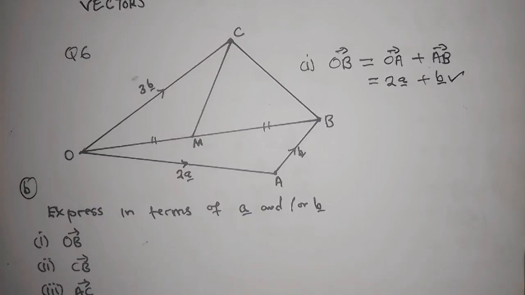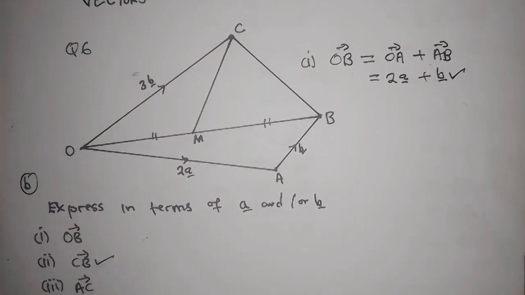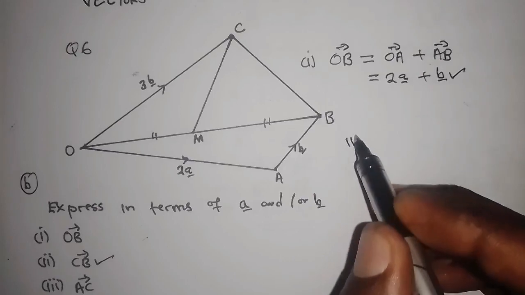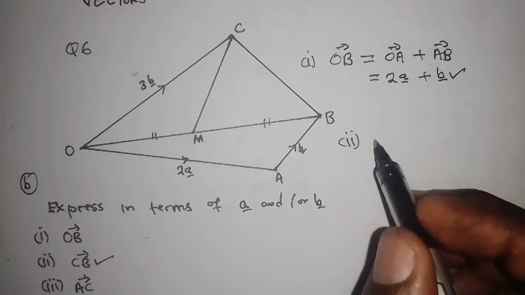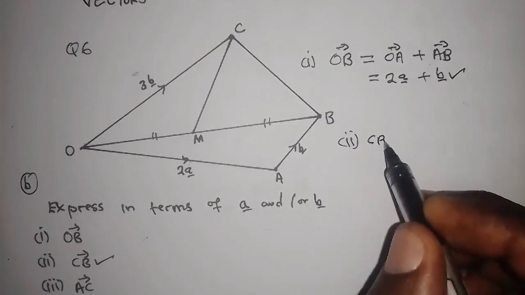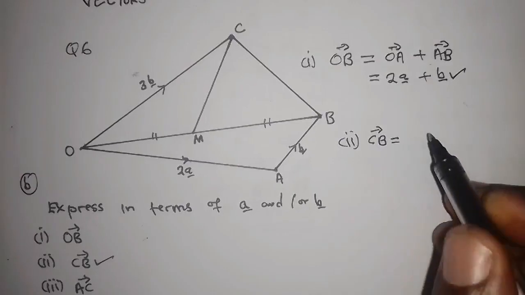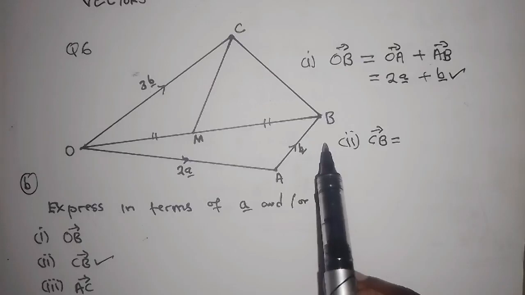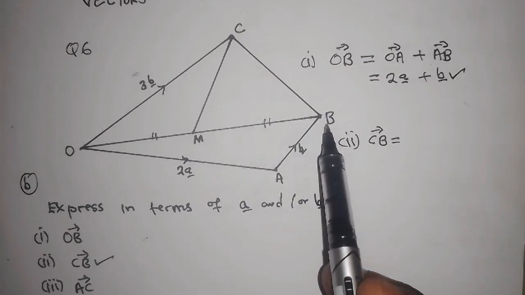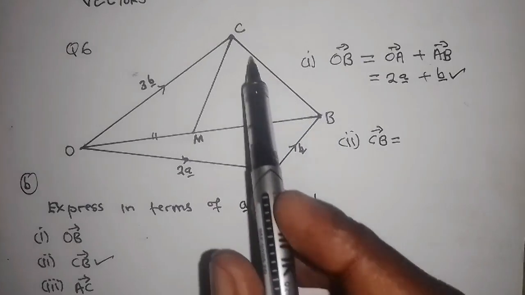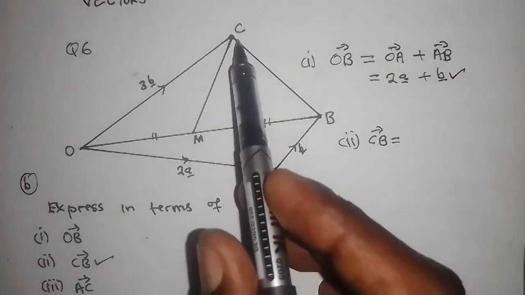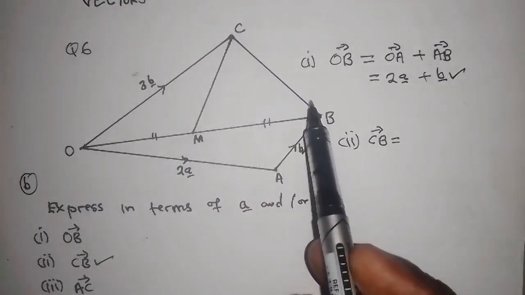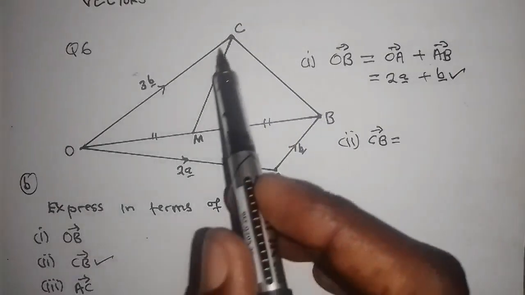And then we have CB. How do you make a direction for CB? You have to look at the triangle CB is forming: this CB, this, and this.